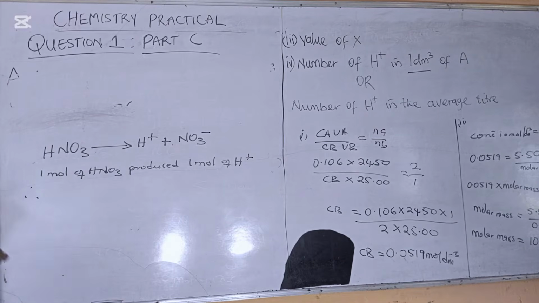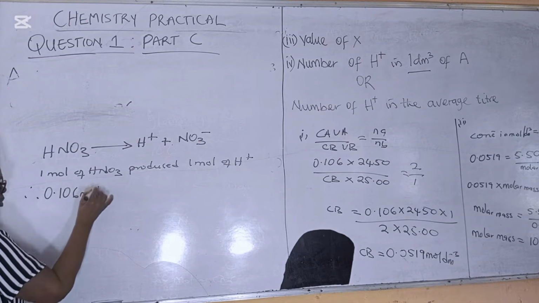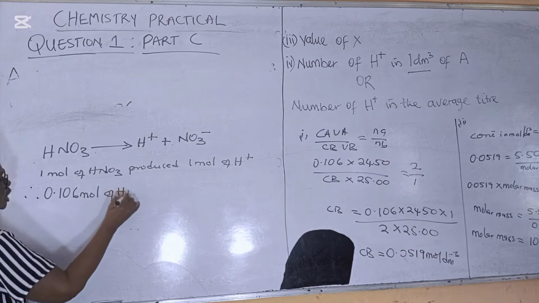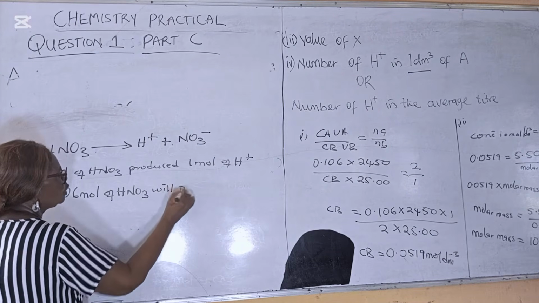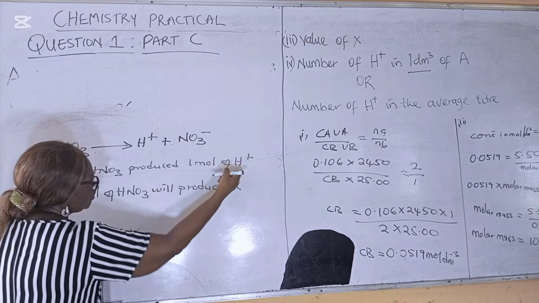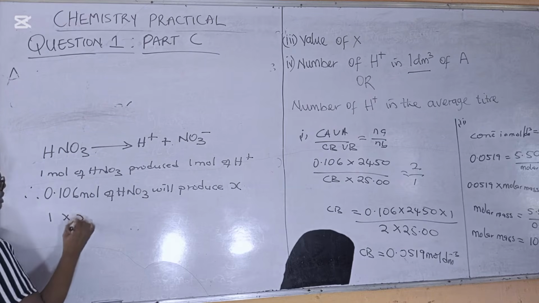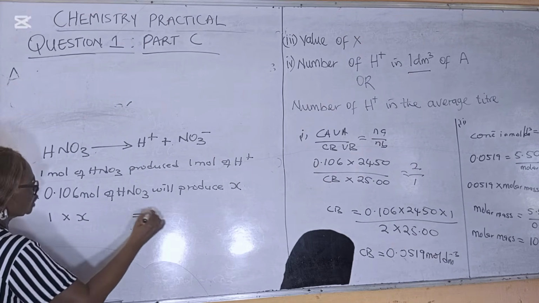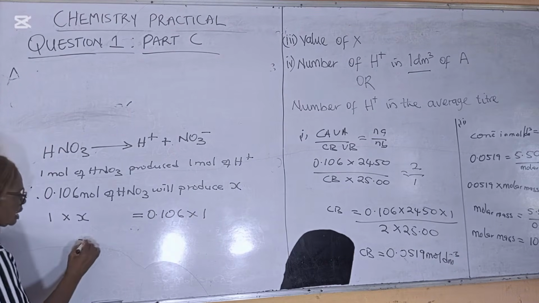Therefore, you have to apply the actual concentration of your A, which is 0.106. Therefore, 0.106 mole of HNO3 will produce X of hydrogen ion. So cross multiply: 1 times X is equal to 0.106 times 1. Then what is X?